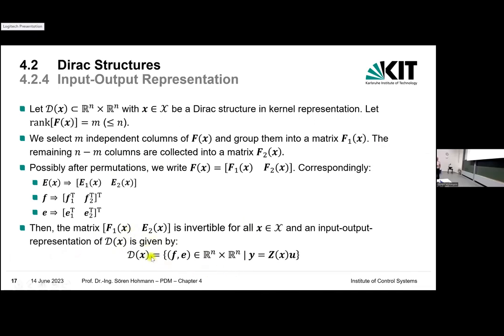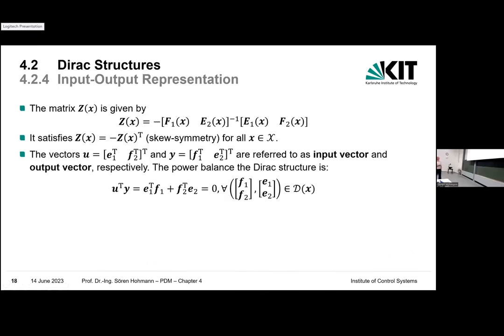We can always find a matrix, if it's invertible, the inversion is given here, such that it obeys the structure y is equal to Z times u, with new variables u and y. So Z is given by the inversion of this newly generated matrix times this one.